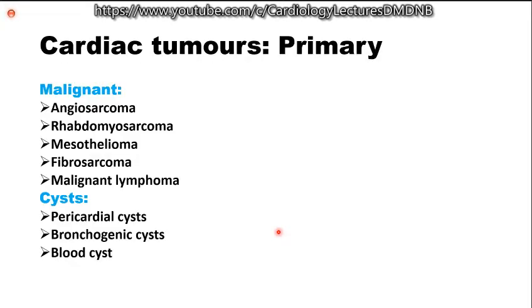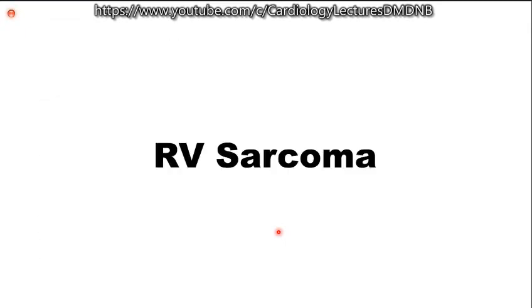The cardiac primary malignant tumors are angiosarcoma, rhabdomyosarcoma, mesothelioma, fibrosarcoma, and malignant lymphoma. Sometimes cysts can also occur in the heart, and the important cysts are pericardial cysts, bronchogenic cysts, and blood cysts. Sarcoma, as I told you: whenever you are thinking of the right ventricle, you should always think of the possibility of malignant tumors.